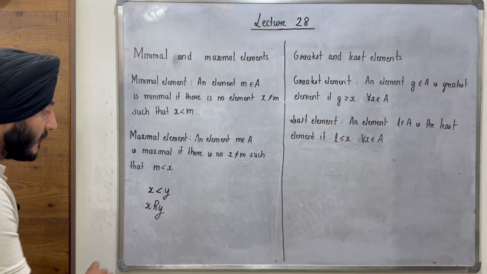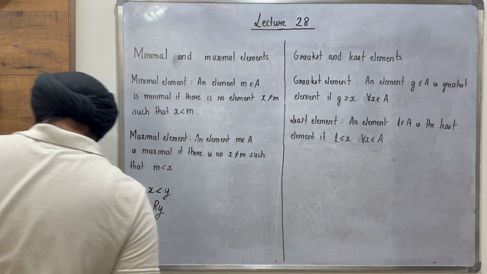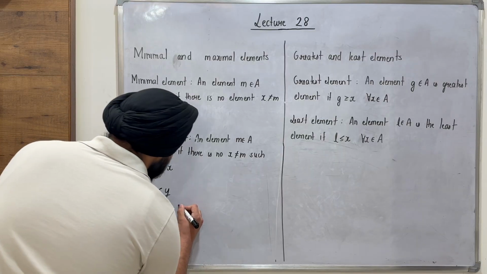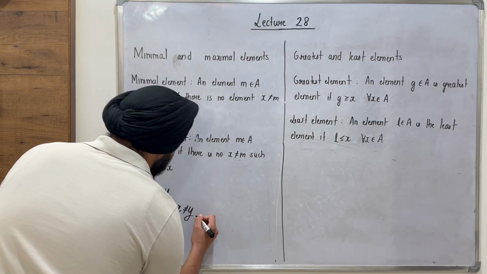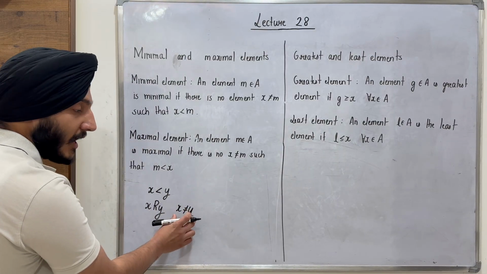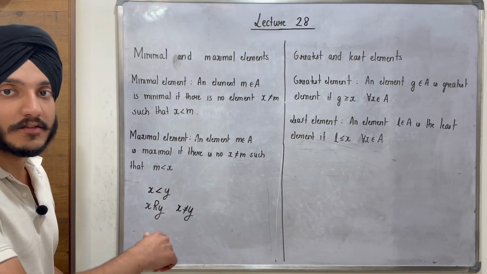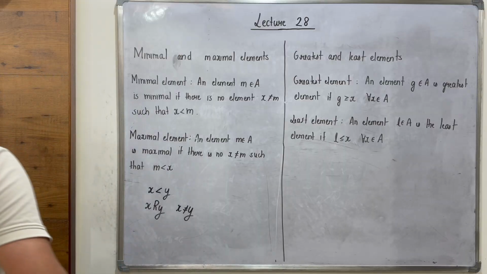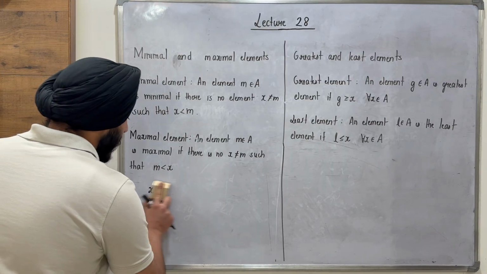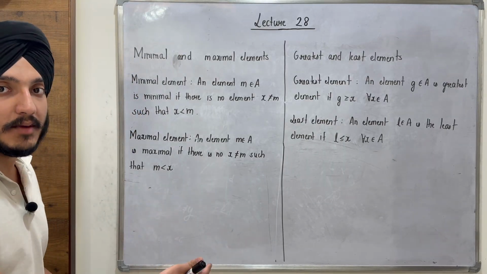That is what this means. So I hope you're able to understand it. Also, this means that x is not equal to y. That is, they are both distinct values and x is related to y, not y related to x, right? Not the other way around. So I hope you're able to understand what the less than sign means.